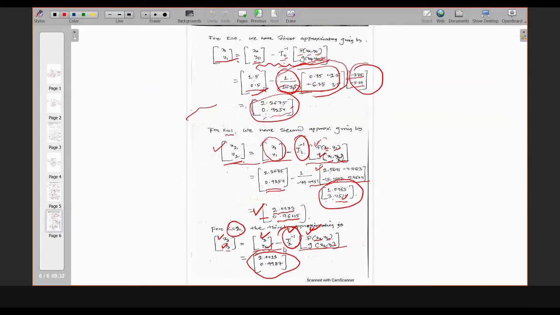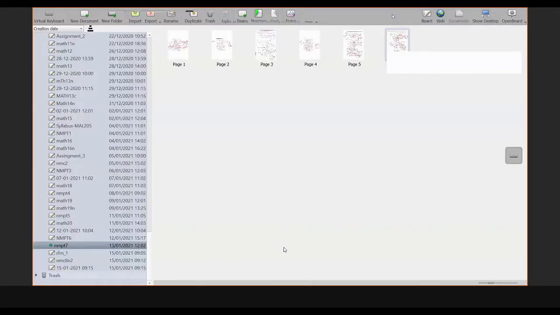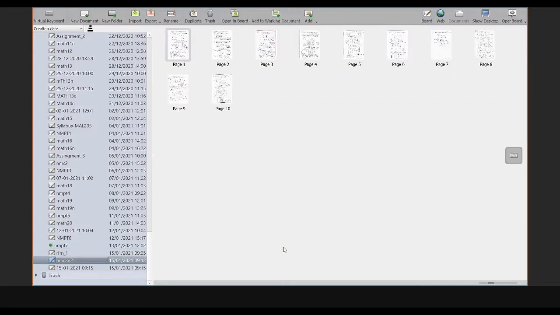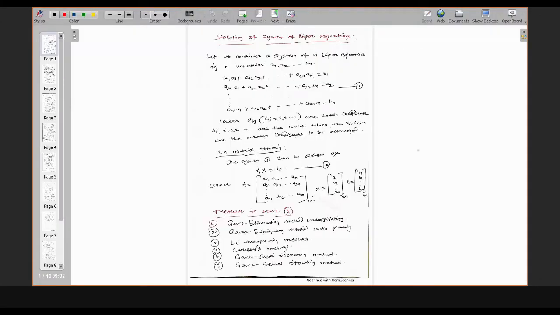So now the first chapter is over. It covered the solutions of nonlinear equations: how you can apply all the techniques like the bisection method, regula falsi method, secant method, generalized method, and Newton's method for finding the solutions of single equations, that is f(x) equals 0.